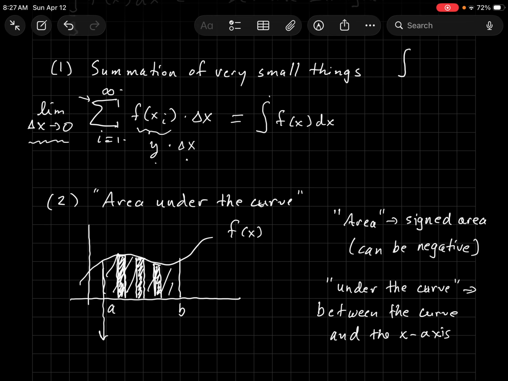Well, the height of each rectangle is f of x. And the base of each rectangle is delta x. And if we are to add all of these together and we let delta x get really small, this equals the area.